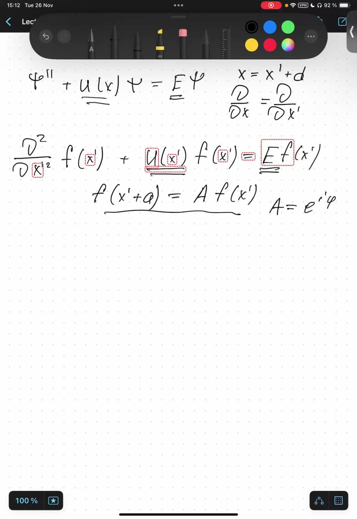This happens because, in order to work, this a should be finite.